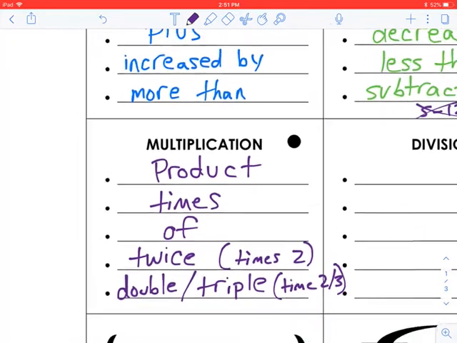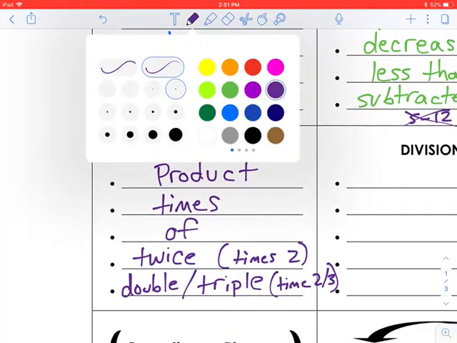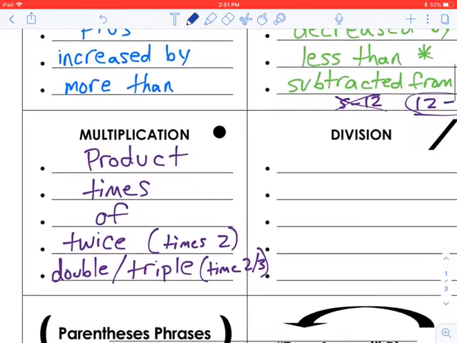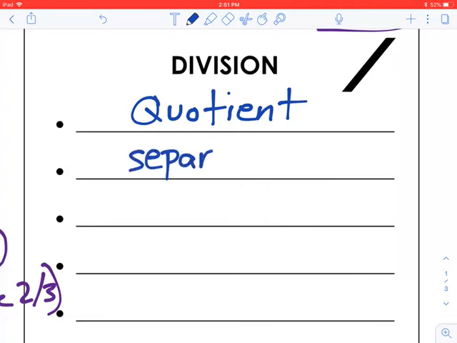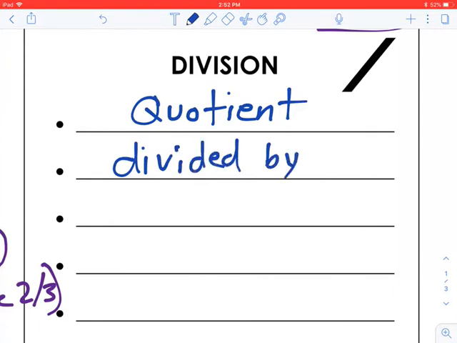So the last one here we have division. The result of a division problem is called the quotient. Let's do the obvious one first: divided by. One that's not so obvious is separated, or separate.